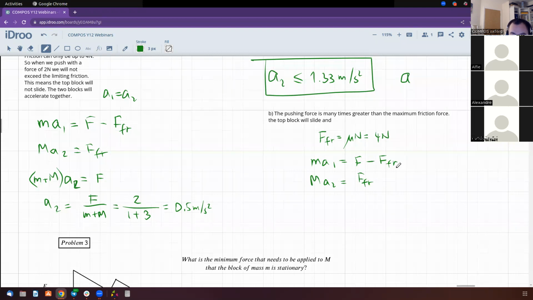So from here, we're not really interested in what happens here. We know that A2 is equal to force of friction divided by m, which is 4 newtons divided by m, which is 3 kilograms, which is equal to 1.33 meters per second squared.